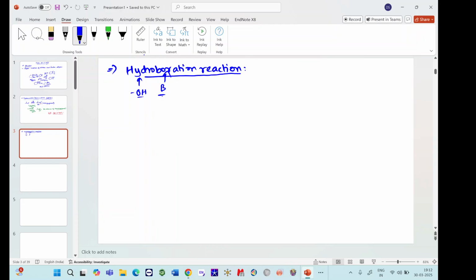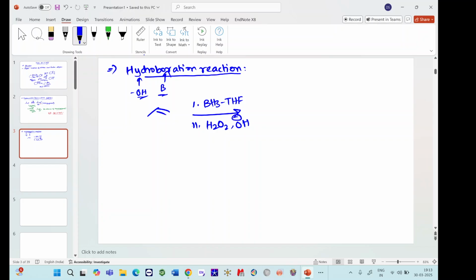So both of these are associated in the reaction mechanism. What is the general scheme of the reaction? Suppose you have an alkene, and there are two steps. First, you react it with BH3 or any alkyl substituted boron, and in the second step you react with H2O2 to get your hydroxylated product.